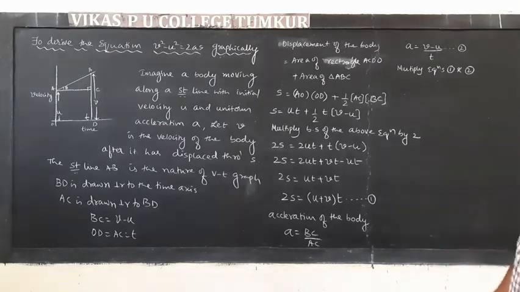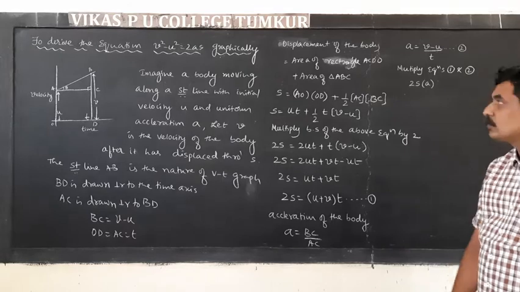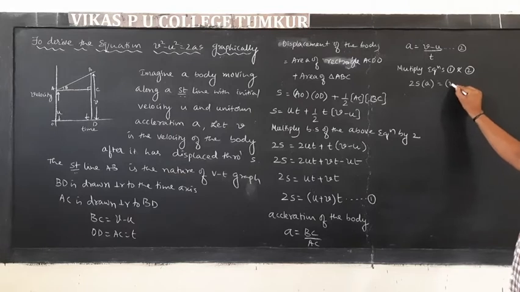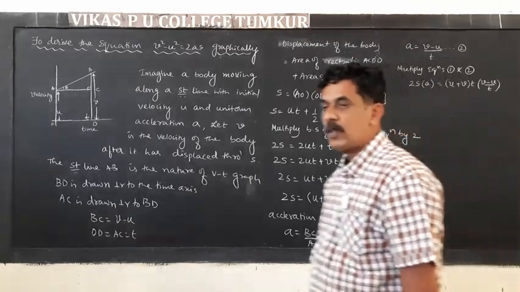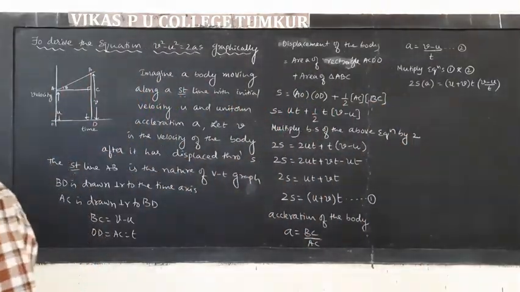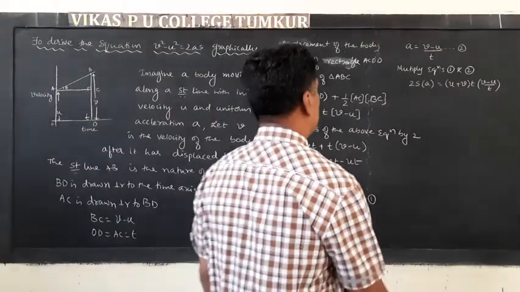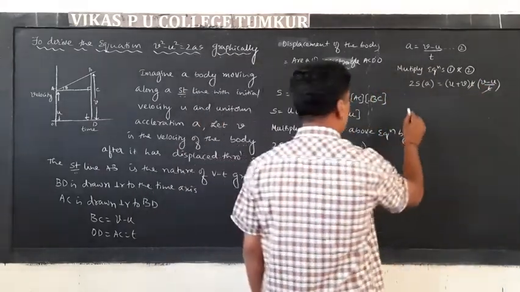So what do I get on multiplication? 2s will be multiplied by a on the left hand side, and the right hand side is u plus v into t, multiplied by v minus u into t. The left hand side is multiplied to the left hand side and the right hand side to the right hand side respectively. Now here t gets cancelled. So this on multiplication becomes 2as.